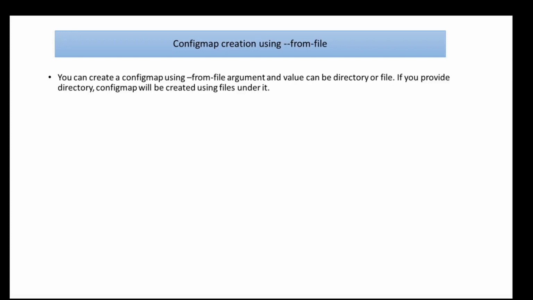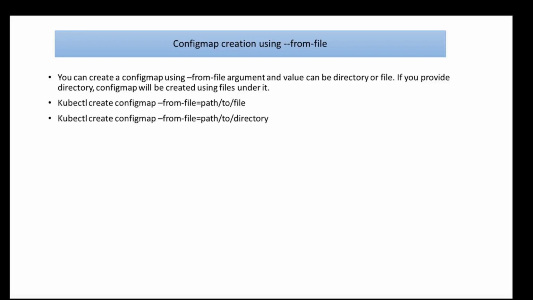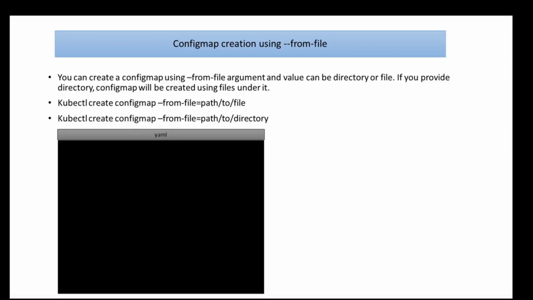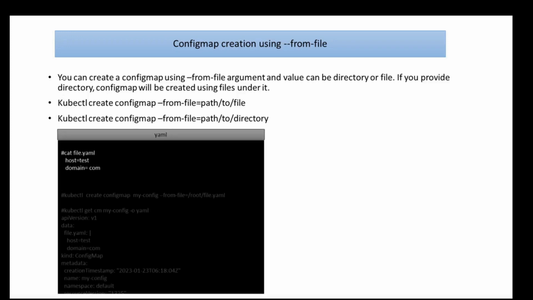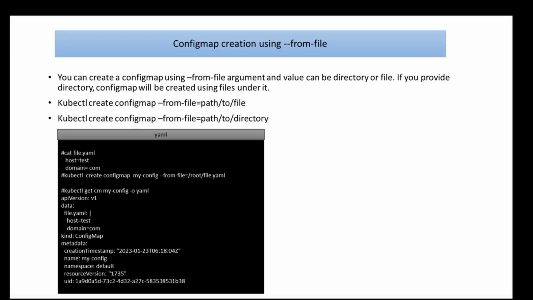Let's see both examples here. This is how you will be giving the path. We'll use the same example and see what differences we see when we give a directory versus a file.